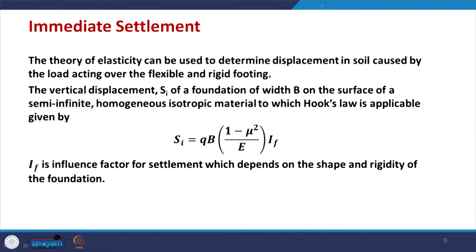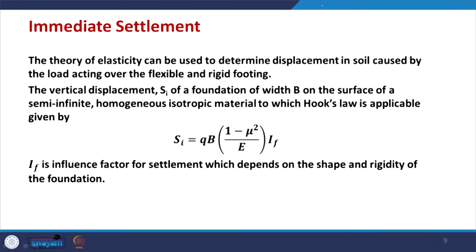Now, continue with that. Immediate settlement, which is important for granular soils, can be worked out using the equation written here, which is Q into B, where Q is the surcharge, the load coming from the top, and B is the width of the footing, while mu is the Poisson's ratio and E is Young's modulus.